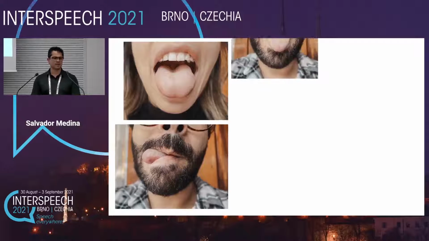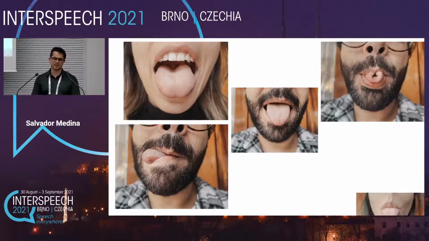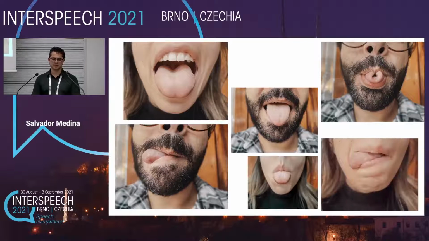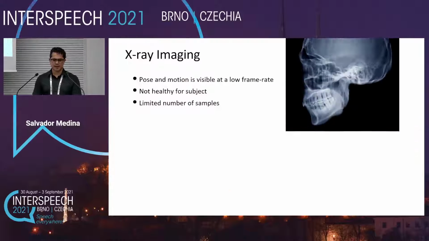So, as we know, in the last decades, tongue motion has been studied widely towards language generation and language pathologies. And as time passes, technology also advances, giving us a better understanding of how the tongue moves.